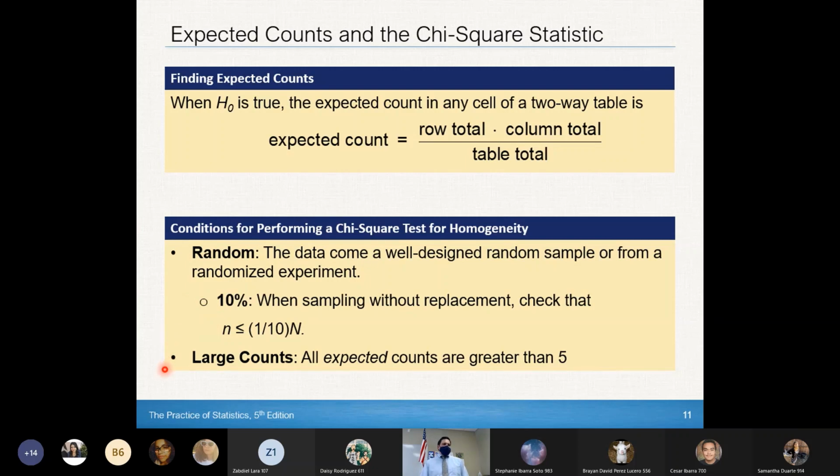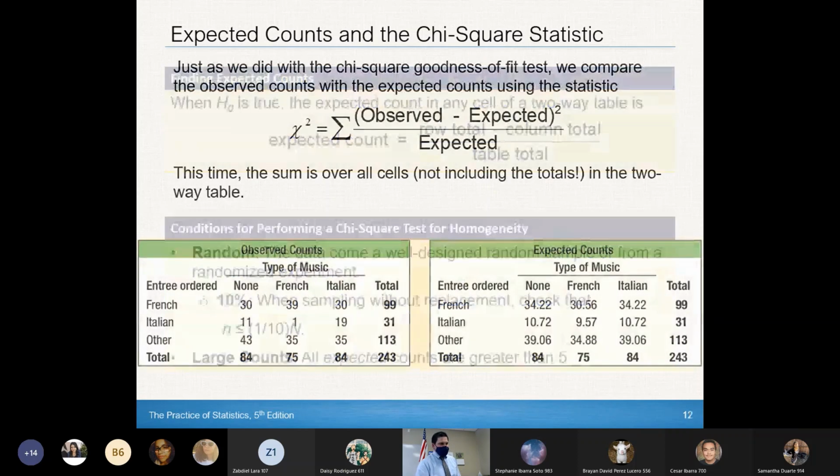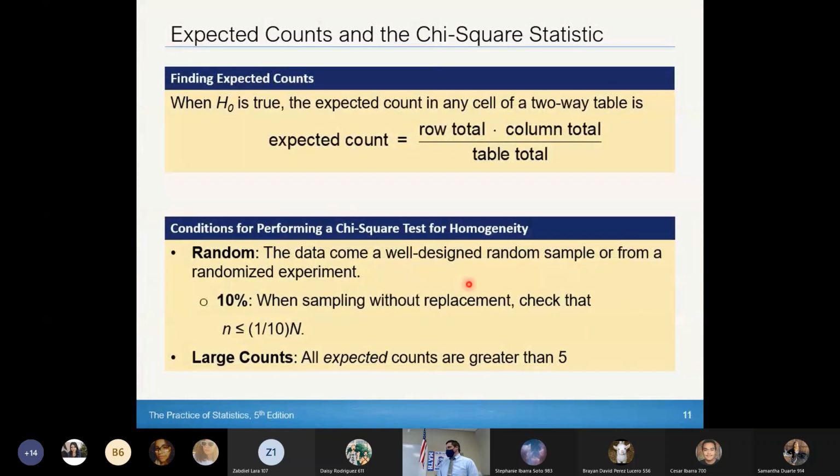And large counts: all expected counts are greater than 5. Would anyone like a moment to write anything down from this screen? Raise your hand.